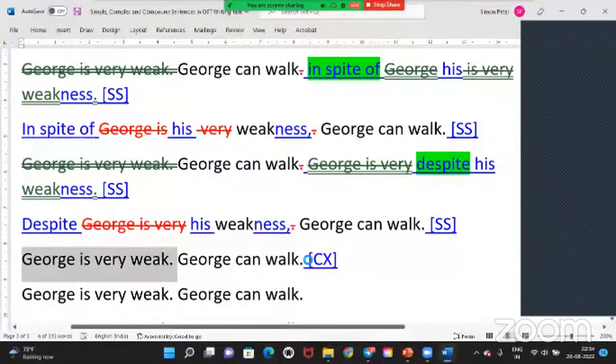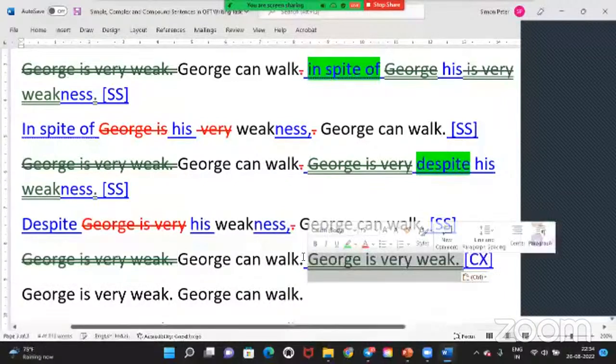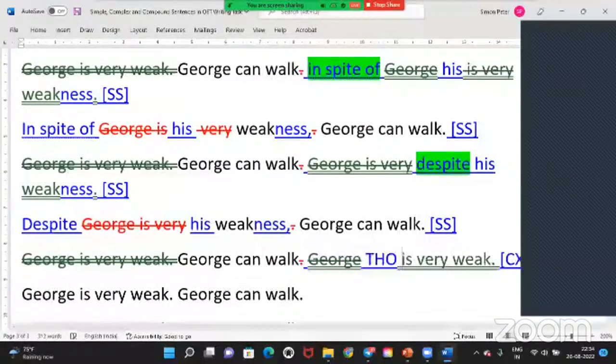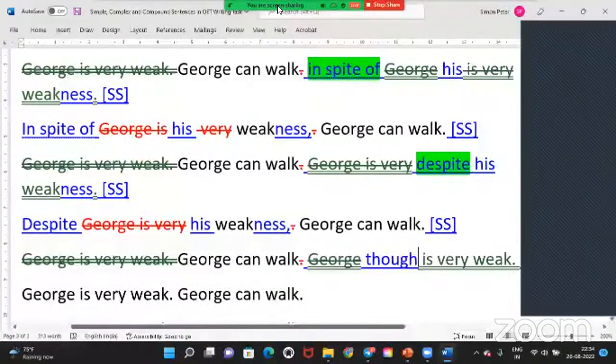George can walk, remove full stop, and here you will write "though". That is one.